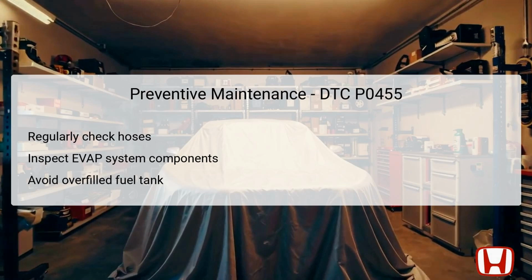During routine maintenance, it's also beneficial to inspect the EVAP canister and purge valve for signs of deterioration. Additionally, educating drivers to avoid overfilling the fuel tank can mitigate stress on the evaporative system. Such proactive measures can efficiently prolong the life of the components and maintain the overall health of the vehicle's emission system.